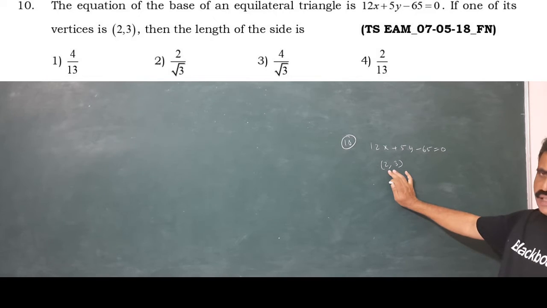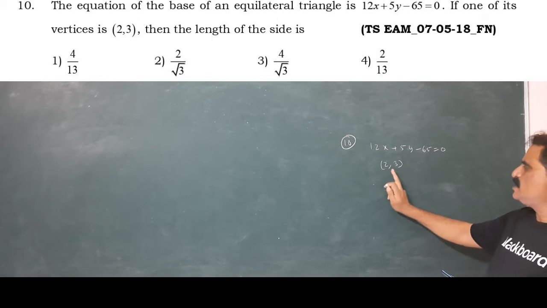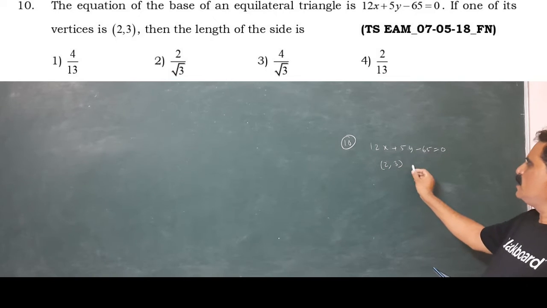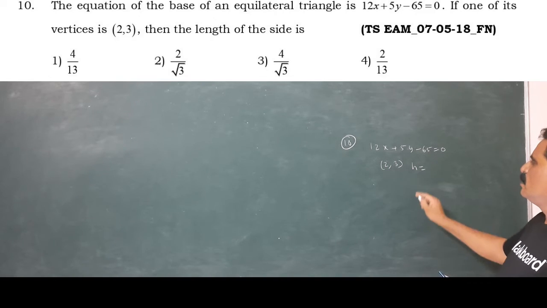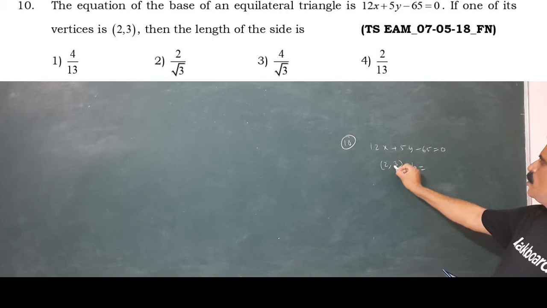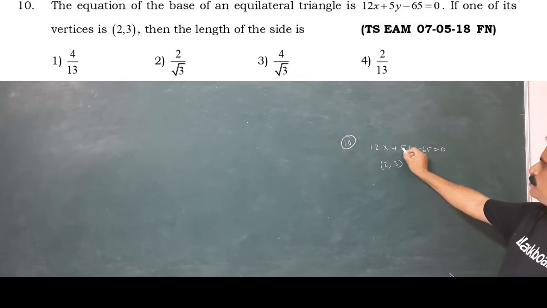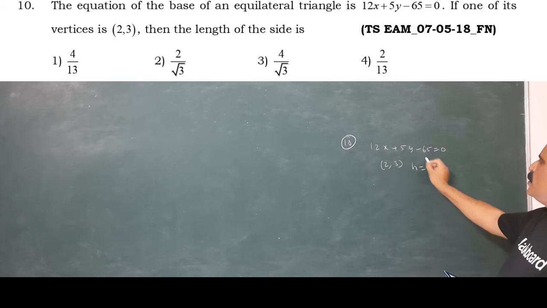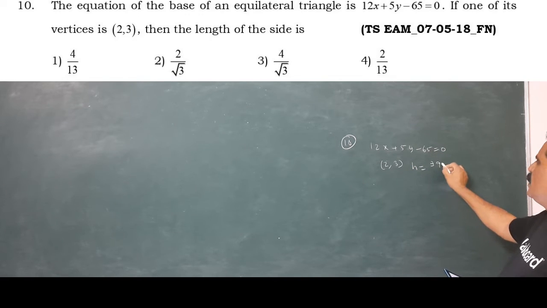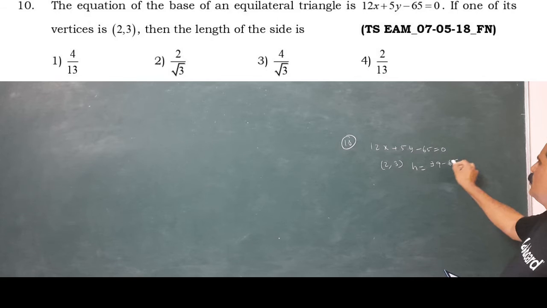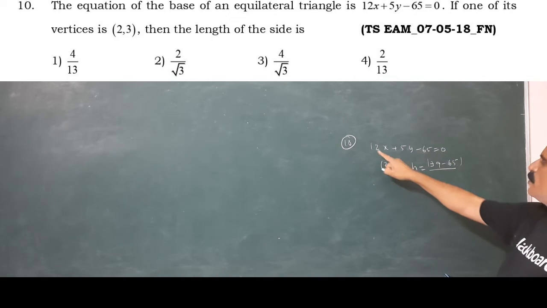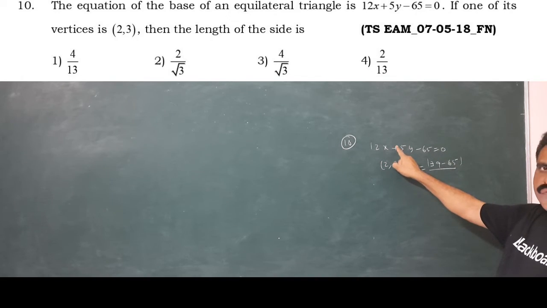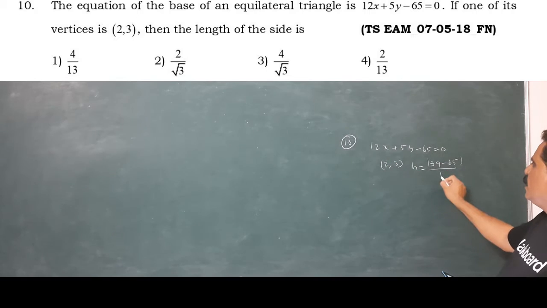Now we want the length of the side. So the distance from the given point to the line is the height of the equilateral triangle, that is 24 plus 15 minus 65, modulus, divided by root of 144 plus 25, 169, under root 13.